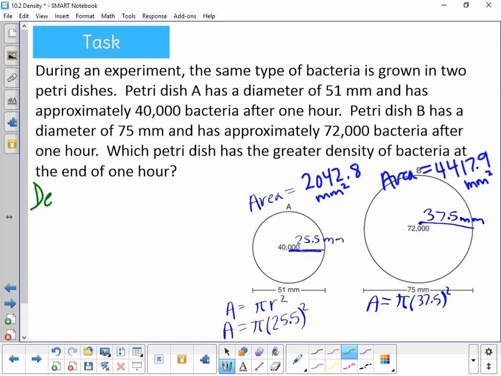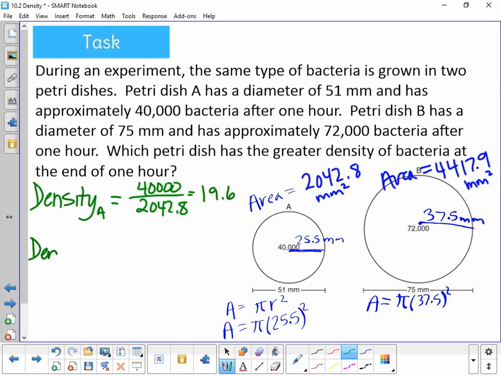So now to figure out their densities. Well, the density of A is going to be the amount of bacteria divided by the area. And if we divide that, we come up with a density of about 19.6 bacteria per square millimeter.